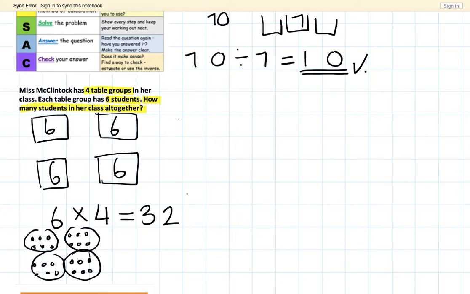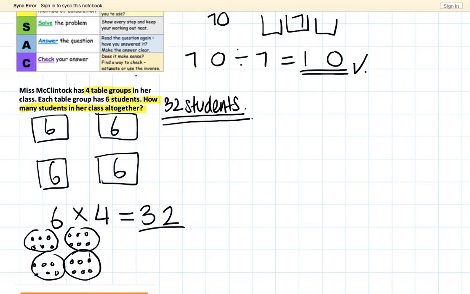Okay, so just to make that clear, I'm going to underline it and say 32 under here. I'm going to write it next to this. 32 students. That's my answer. I'm going to underline it to make it clear for everyone to see. 32 students.